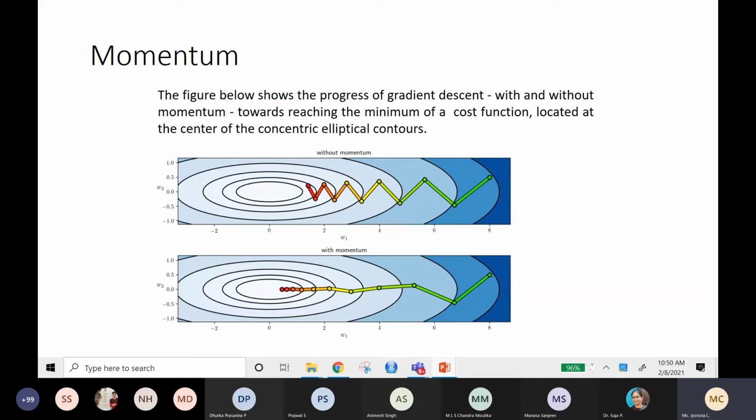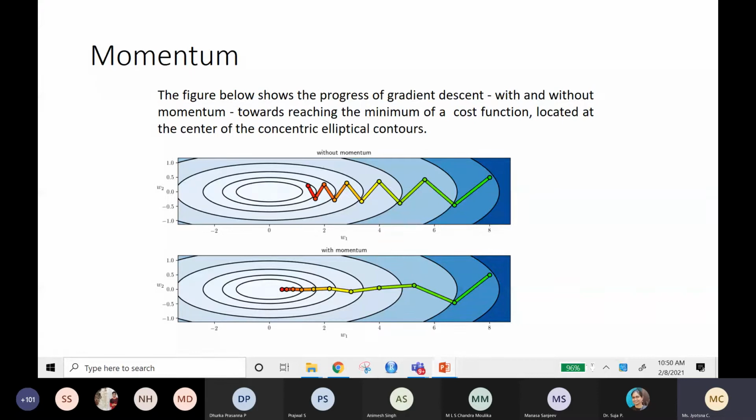It dampens the oscillations, the many fluctuations that come in the weight updations with only gradient descent. In gradient descent, we studied three types: SGD, that is stochastic gradient, batch gradient and mini batch gradient. Most deep learning algorithms use SGD, that is stochastic or mini batch.